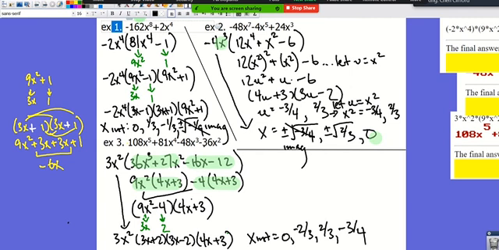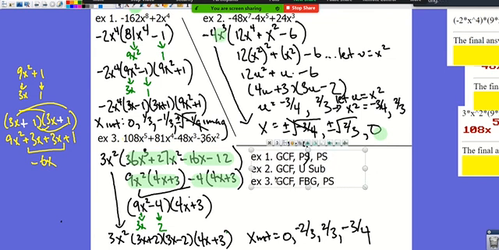Let me go ahead and write those methods down. I'm going to type it up for you right here real quick. GCF, perfect square, perfect square. GCF, I'm going to call this U sub. This is GCF, factor by grouping, and perfect square. Any questions, folks?